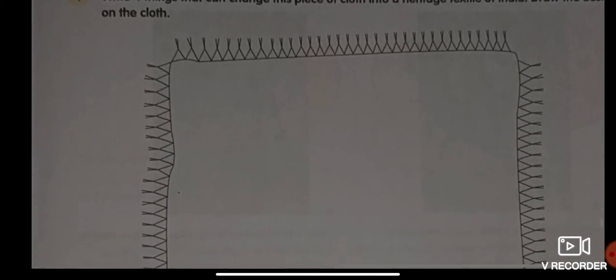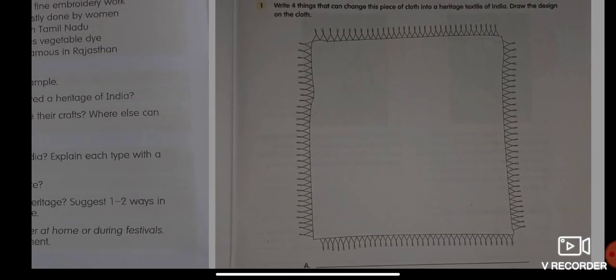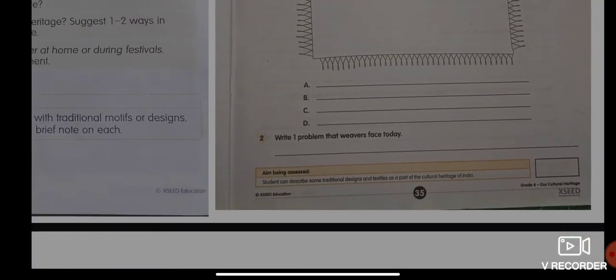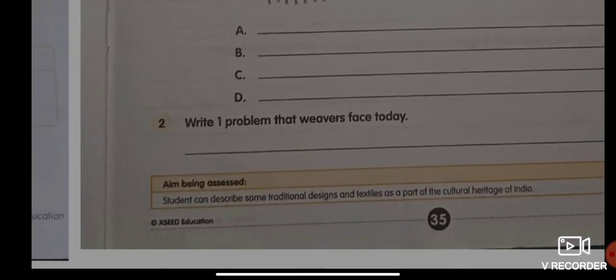Draw the design on the cloth, so accordingly you have to design in this cloth. And write 4 things in this given space A B C D. And question number 2, write one problem that weavers face today.